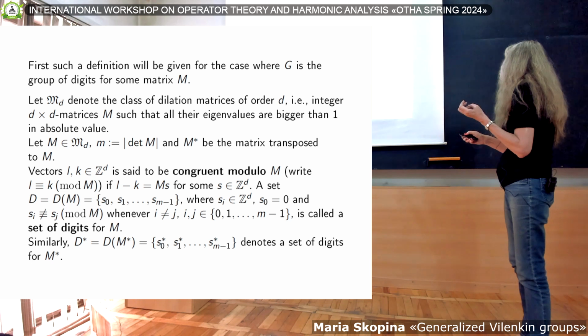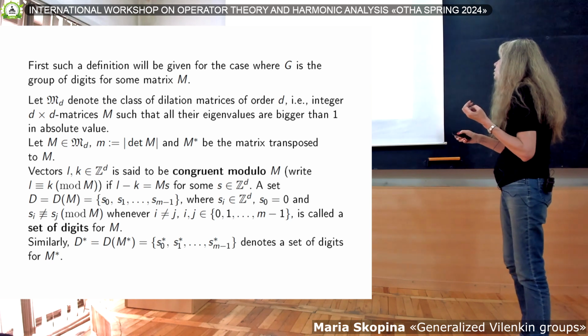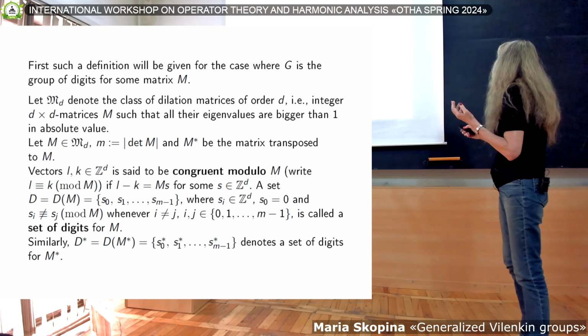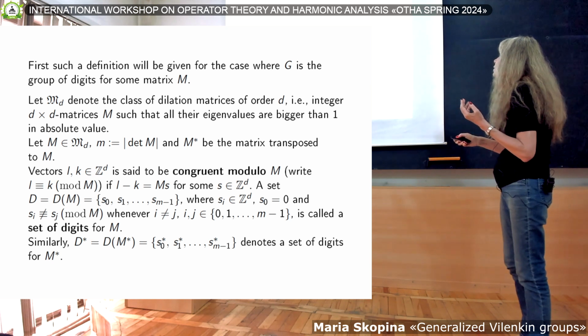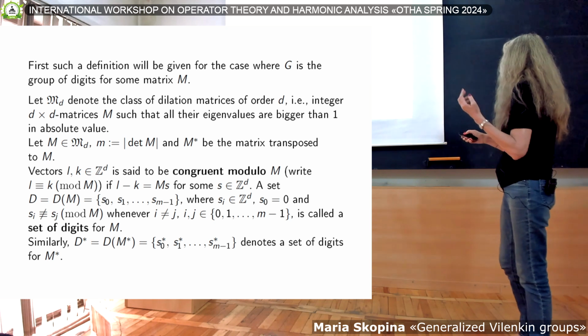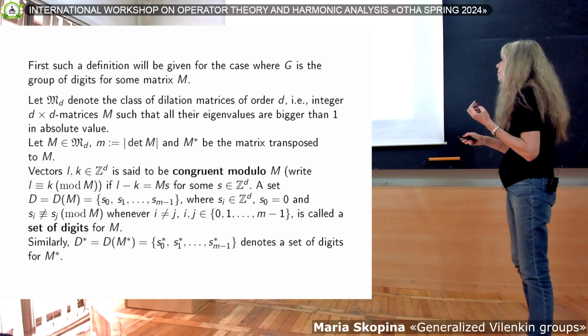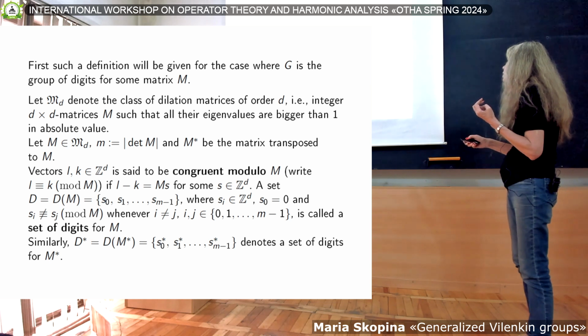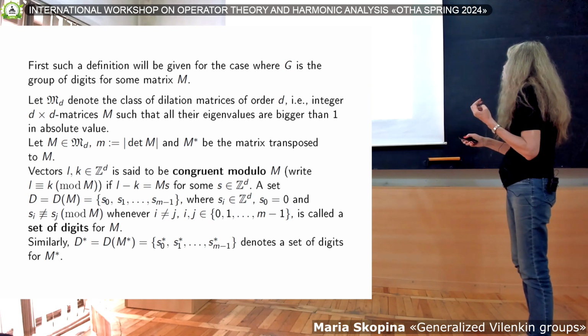There are different sets of digits. Here, sj is not equivalent to si, as they are from different cosets. And D star will be a set of digits with respect to the matrix M star.